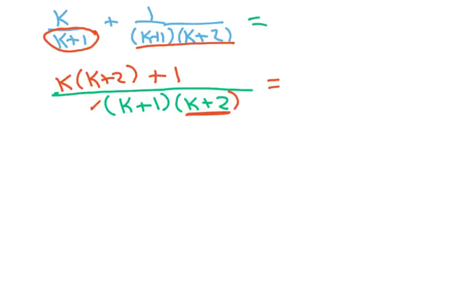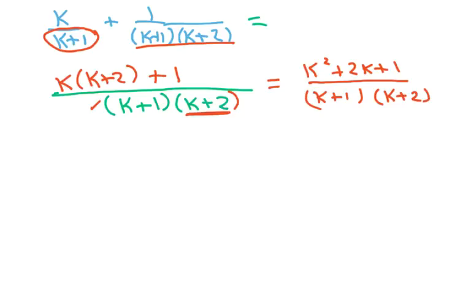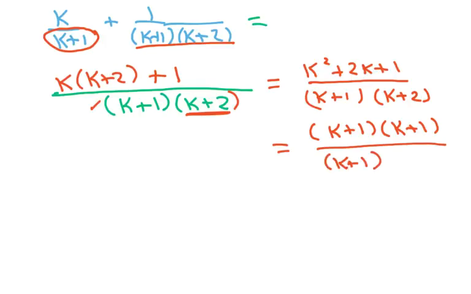Now we can simplify the numerator and we get k squared plus 2k plus 1 over k plus 1 times k plus 2. And then we factor the numerator. This is going to be k plus 1 times k plus 1 over k plus 1 times k plus 2.